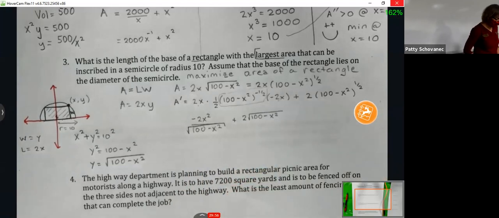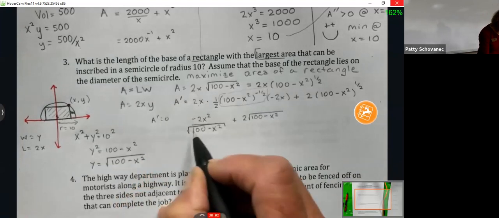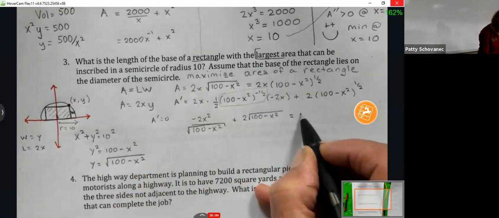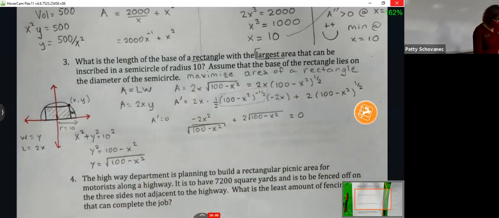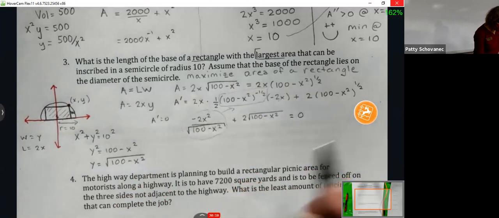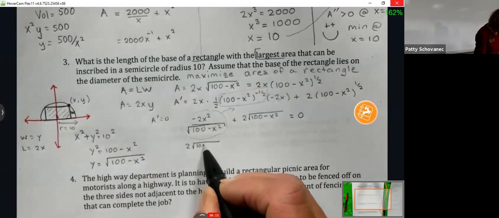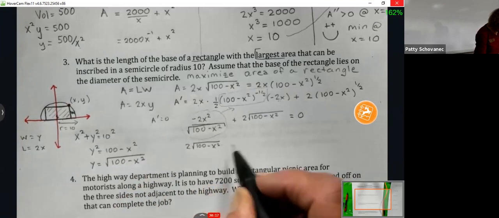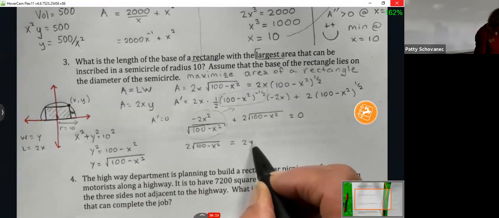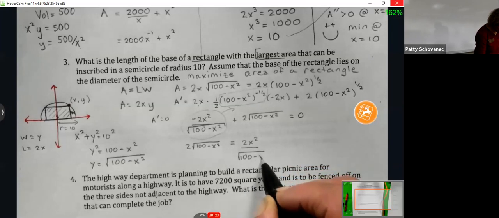There's a prime. When I set that equal to 0, I'm going to take the term that's negative, add it to both sides, and so that I have 2 square root of 100 minus x squared is equal to 2x squared over the square root of 100 minus x squared.